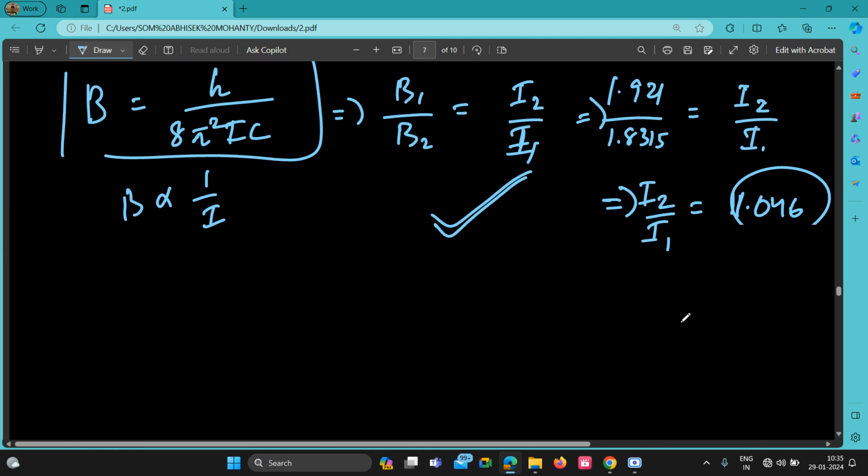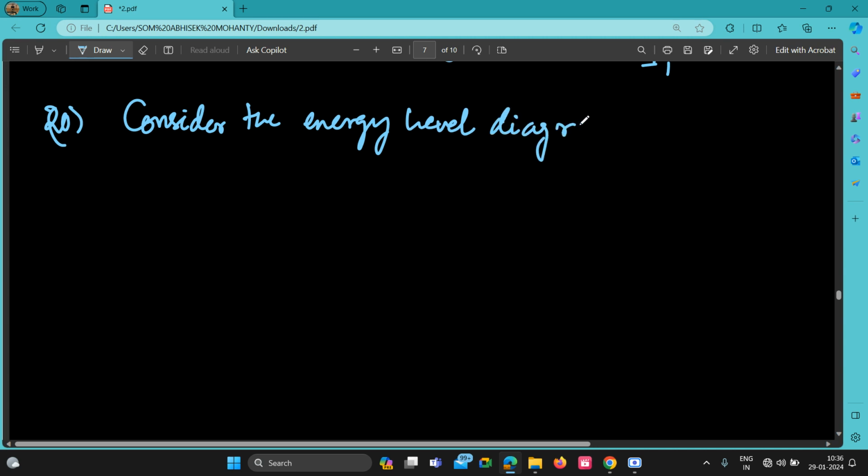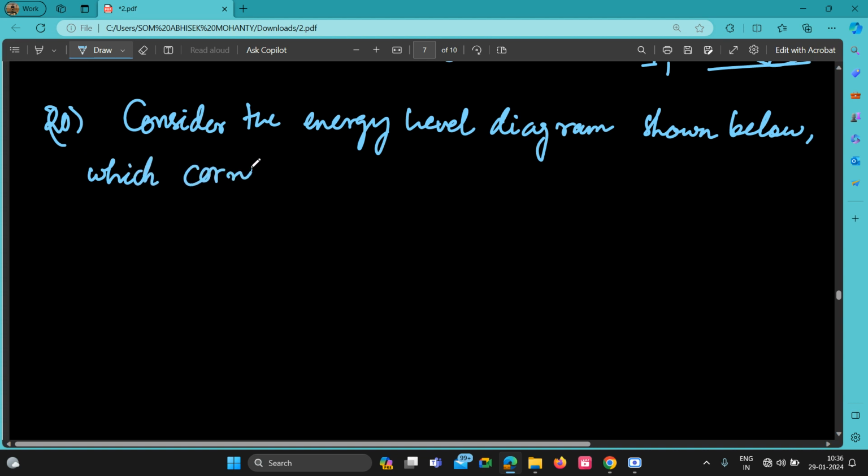Next, a good question. Consider the energy level diagram shown below, which corresponds to the molecular nitrogen laser.